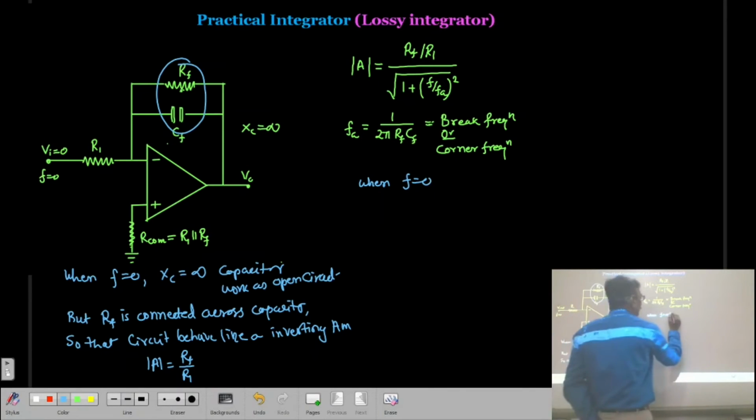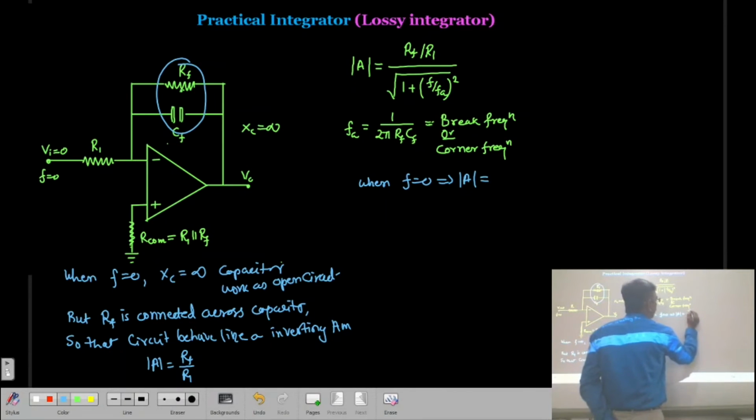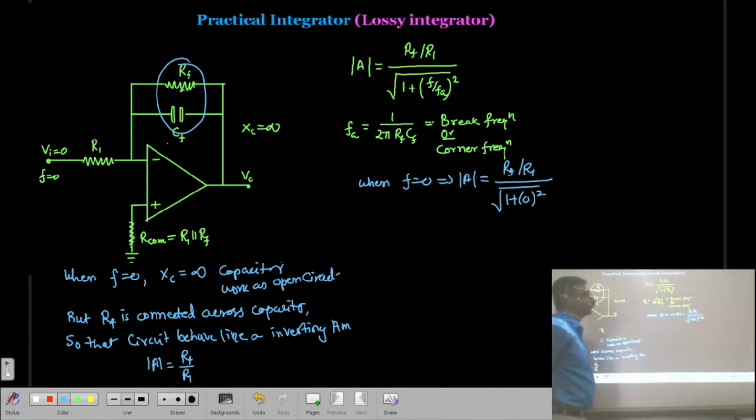So in that case, the gain of the amplifier is given as Rf by R1 divided by under root of 1 plus 0.